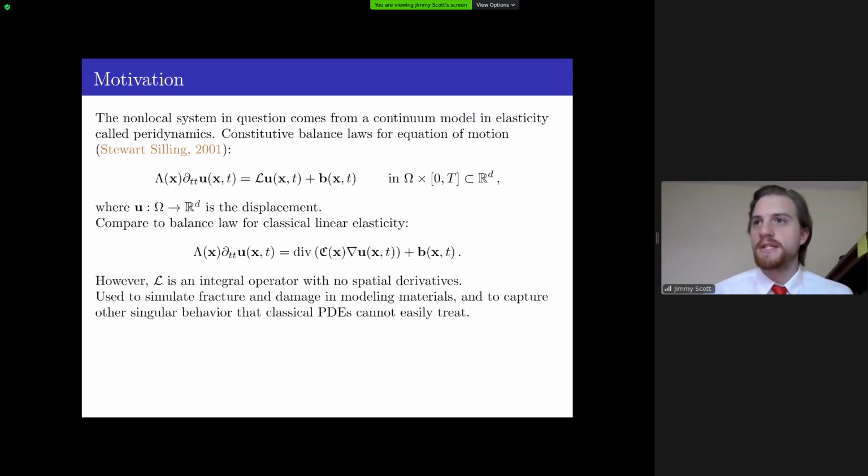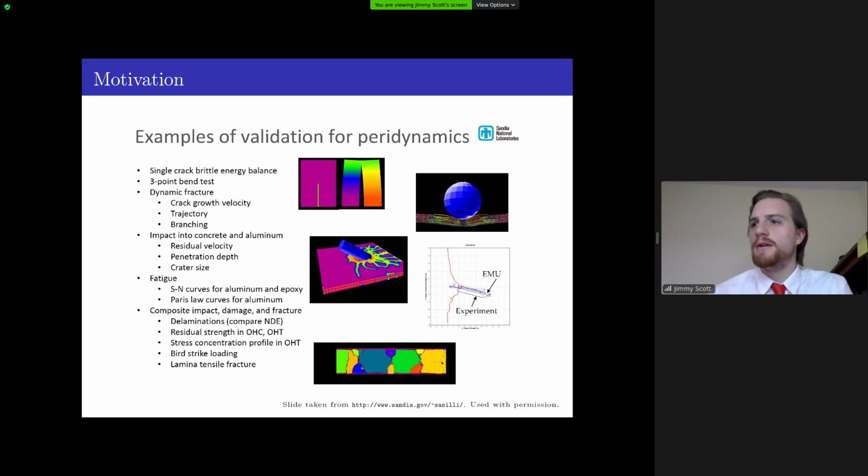But I will say that the way that I'm writing the balance law for the equation of motion in time is in this way, where capital lambda is the mass density, and U is written as the displacement, and L is an integral operator that's associated to the linearized bond-based peridynamic formulation. And so there's the picture, but it's been stolen, so it isn't really mine.